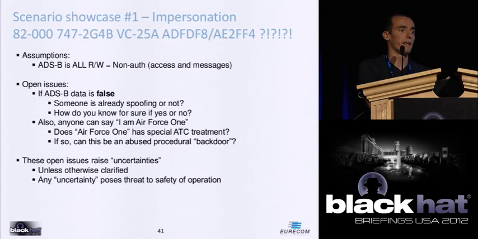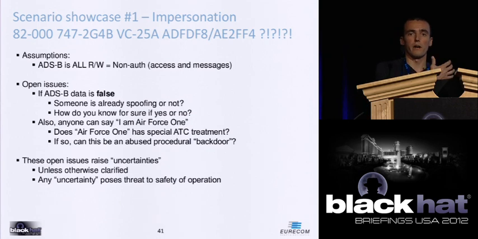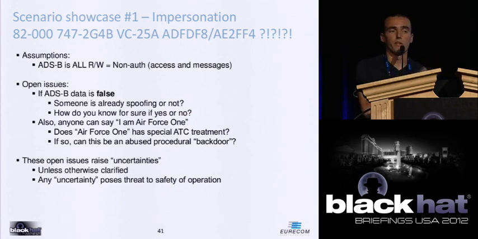Because you don't have any message authentication, you don't have entity authentication, right? So these are open issues which go to uncertainty, and uncertainty is not very good with safety usually. These are the kind of scenarios which should be analyzed, and all these are possible because the technology is not secured in the first place.